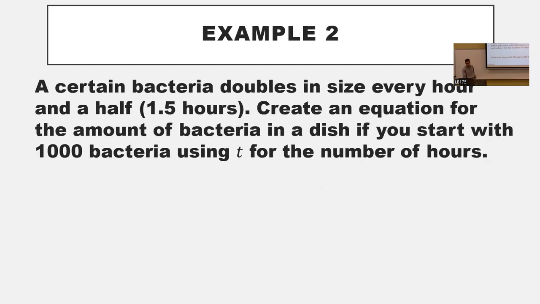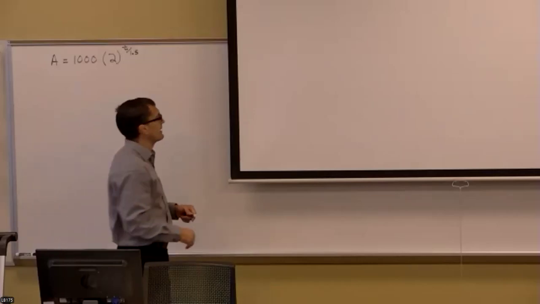And so we did that with example 1, and then also with example 2. I'll remind you, example 2 was done in hours, so all of our time in hours. And we ended up with a formula for the amount of bacteria: we started with 1,000, and we knew that the amount doubles every 1.5 hours. So we ended up with this equation.